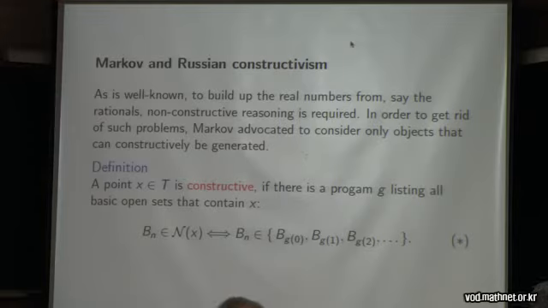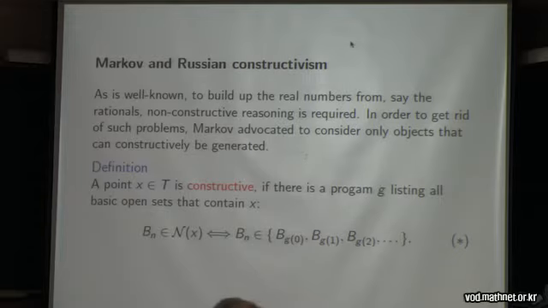And so what does it mean? Then there was a discussion among these people, what does it mean to be constructive? And Markov in Russia advocated to consider only objects that can be computed. So here constructive means it can be computed.